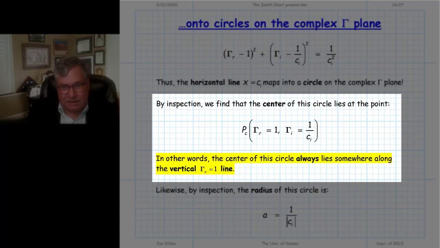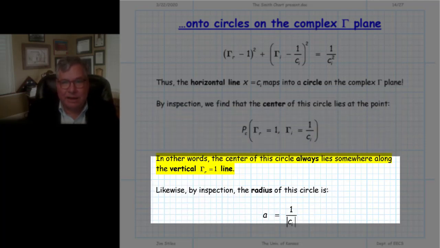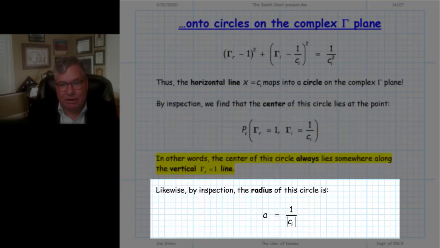If we look at the radius, the right side of the equation, 1 over Ci squared, becomes the radius squared, and therefore the radius is equal to 1 over the absolute value of Ci. Again, it's the absolute value because the radius must have a positive value, whereas Ci could be positive or negative.